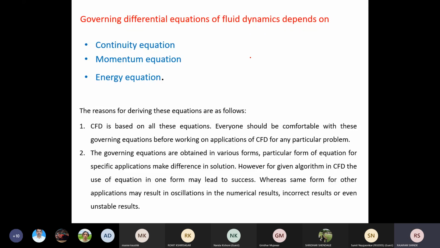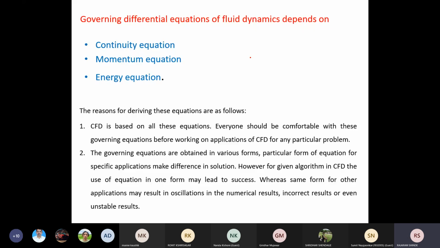The mathematical statements of these equations are derived from the mass conservation law, Newton's second law, that is the momentum equation, and the energy conservation law. Here you can see mathematical models for any physical phenomena. I think we are deriving from these three: conservation of mass, Newton's second law, and conservation of energy. Okay.